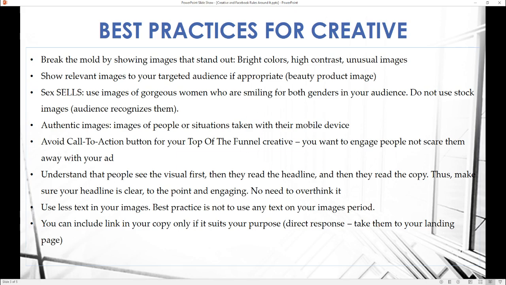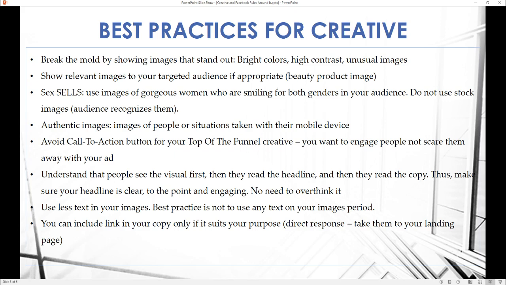Everything else has to be rest of the image. Well, that rule is no longer in place. But again, the algorithm did not change that much. So we're seeing much higher cost per thousand impressions for those images that do have text in them. Just know that.